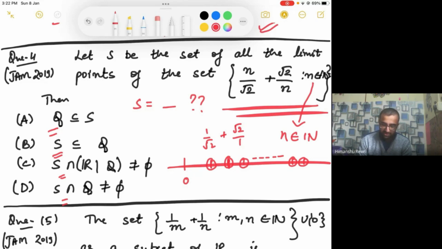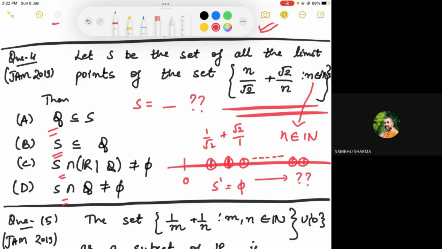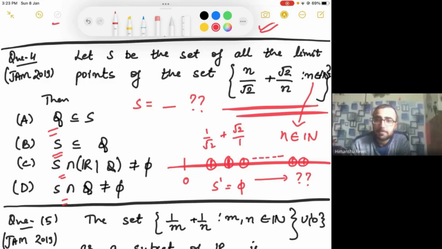Okay, now can you think of this? What will be the set of all limit points, which is denoted by this? So I'm claiming that it will be an empty set. Yes, sir. The set is countable and all the points are irrational.